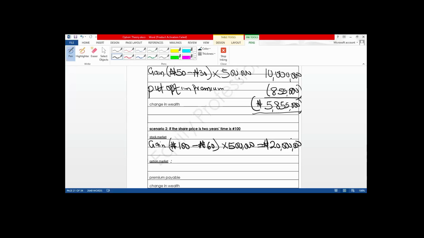Assuming in 2 years' time, the share price at the stock market is trading at 100 naira, now the question is, will you exercise your right to sell at 50 naira or not?